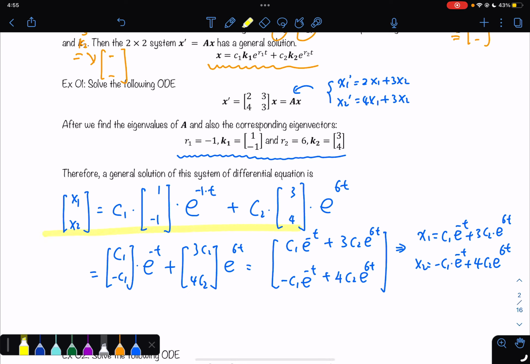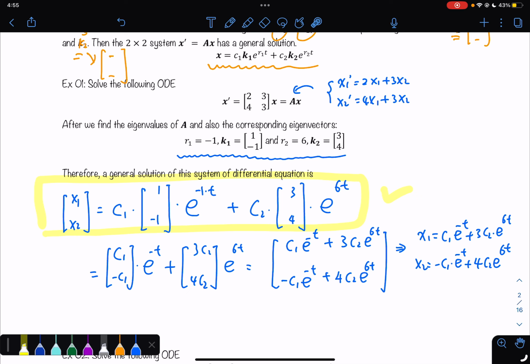If you stop here, it's totally fine to say this is the solution, unless the problem says please write out the solution explicitly, do not use matrix or vector format, then you may want to write it out like that. Otherwise, that's perfectly fine as the structure of your final solution.